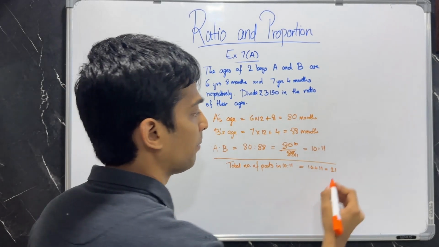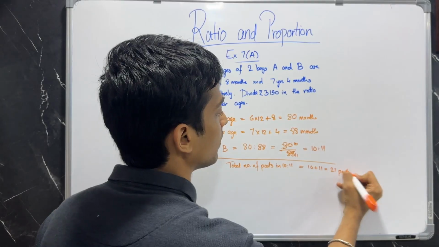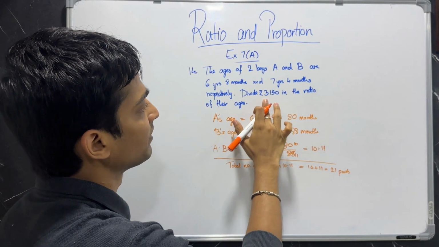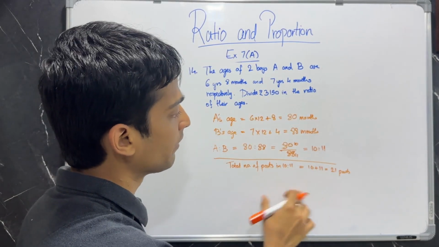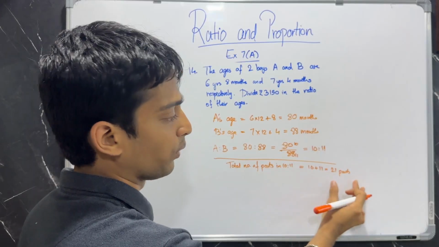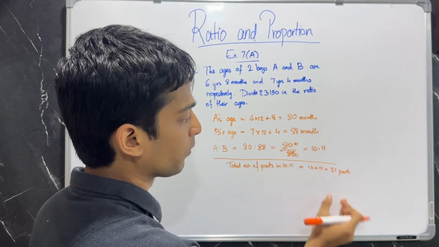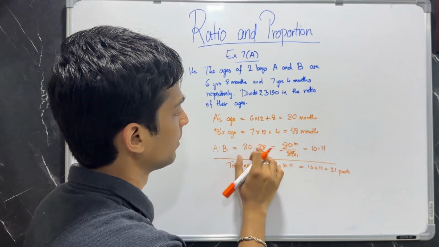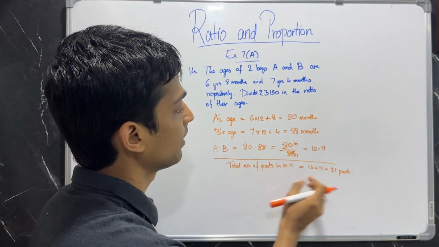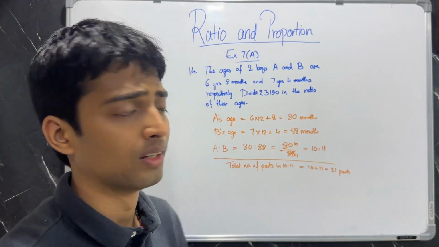So there are 21 parts and 3150 will be divided into these 21 parts, and from these 21 parts, 10 A is getting and 11 B is getting.